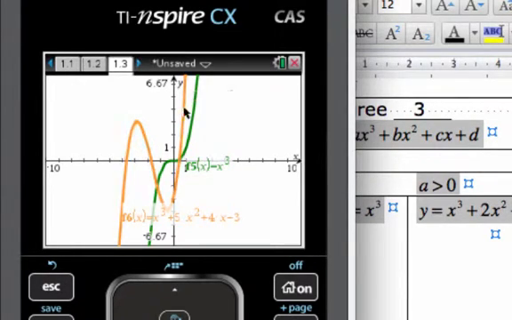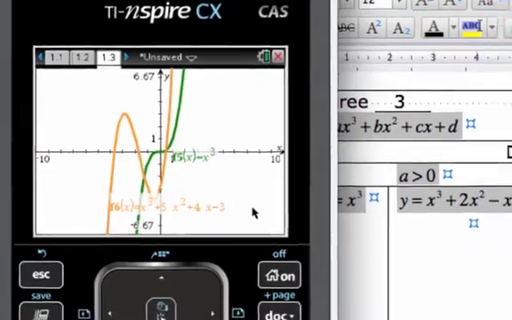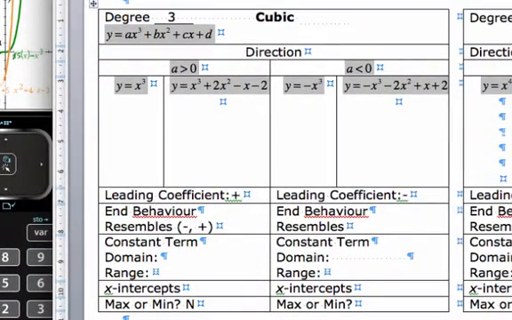But because our function continues going increasingly positive to the right and increasingly negative to the left, we still have no absolute maximum or minimum. So we're still going to say that does not apply for maximum and minimum in both cases. X-intercepts.